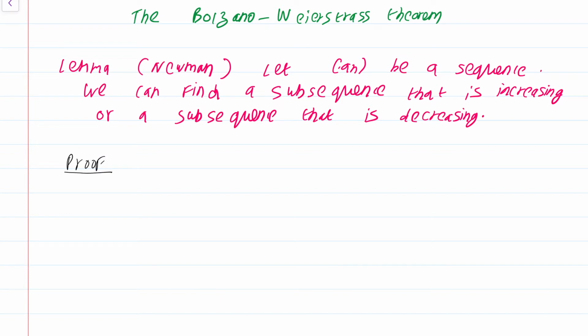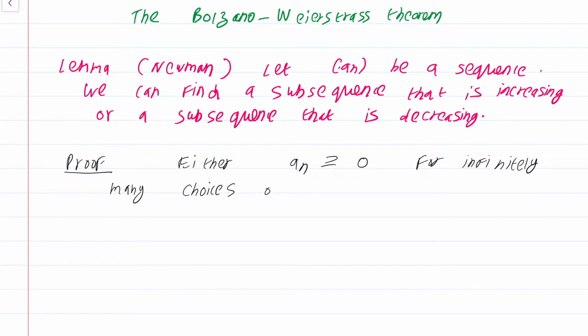Okay. Now, first we will make a simplification. It's going to be a proof by cases where I'm going to leave one of the cases to you. Either a_n is greater than or equal to 0 for infinitely many choices of n, or a_n is less than 0 for infinitely many choices of n.